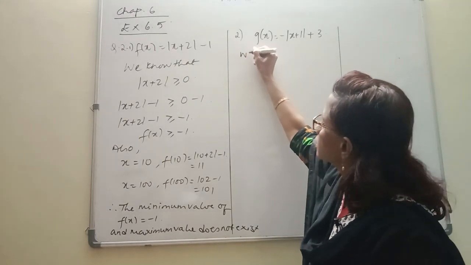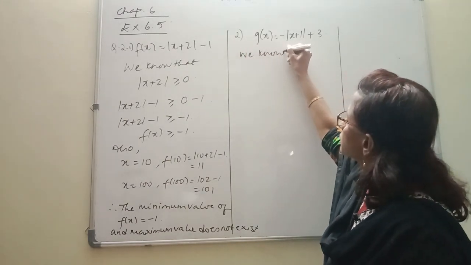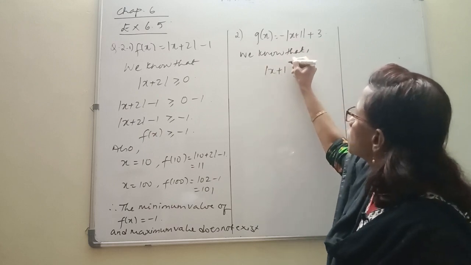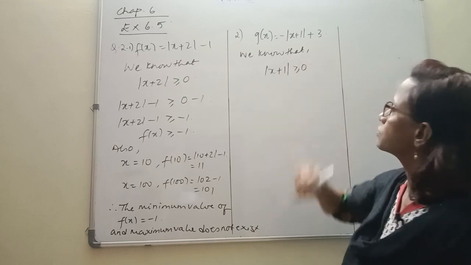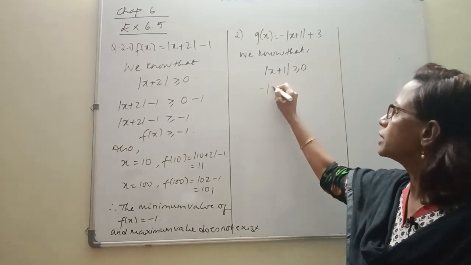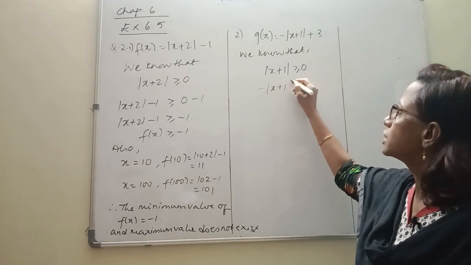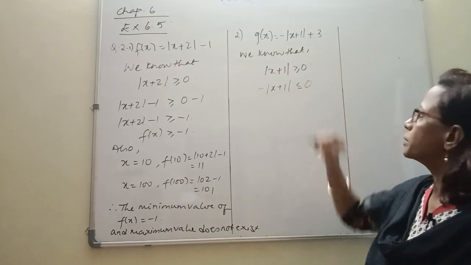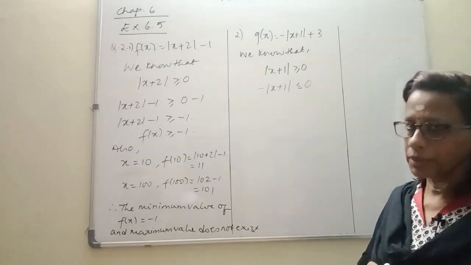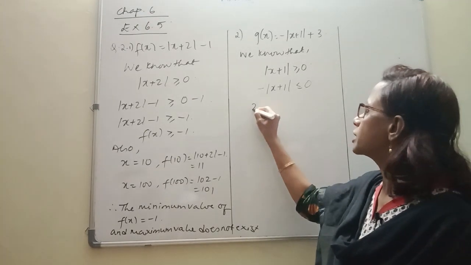We know that modulus values are always positive. So modulus of x plus 1 is positive. But this is a minus of modulus of x plus 1. So when we multiply by minus, we know that it's going to be less than or equal to 0. In order to reach the function, we require a plus 3. So let's add 3 to both sides.